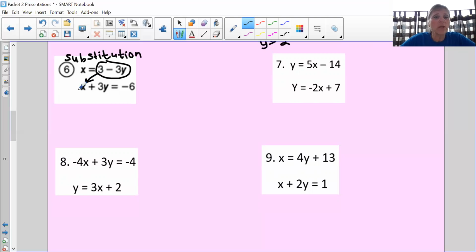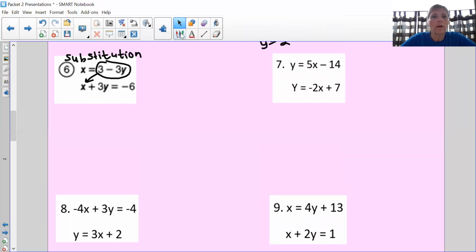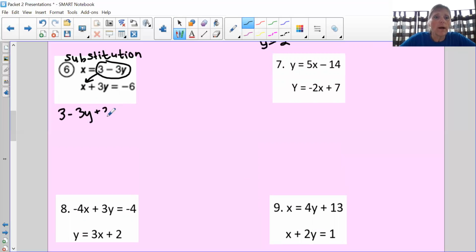Notice x has no coefficient, so I will not need parentheses here. I'm going to write these 4 characters in the place of that 1 character. 3 minus 3y plus 3y equals -6.